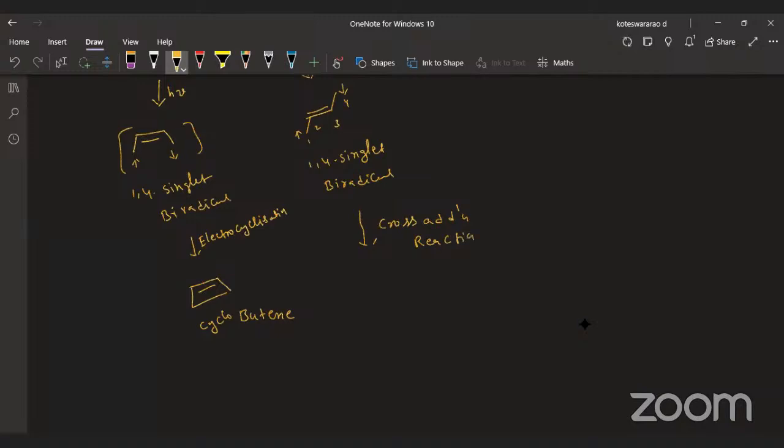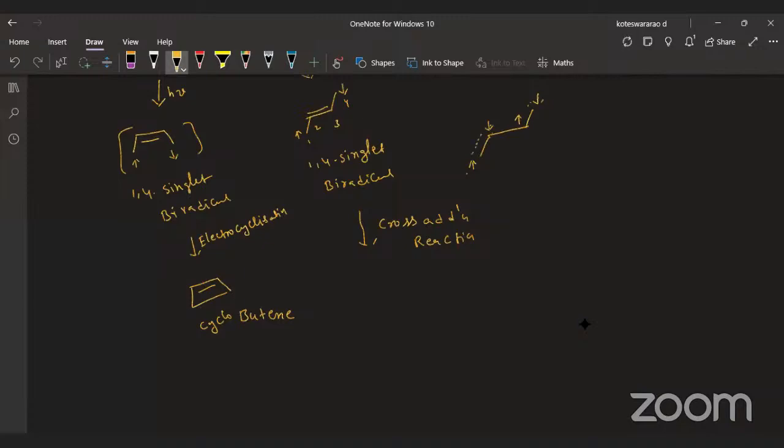What is the cross addition? If you take this 1,4 biradical, this is also a double bond. The double bond during the reaction exists in this form. Now these two electrons are combined together to form one bond at the transition state.